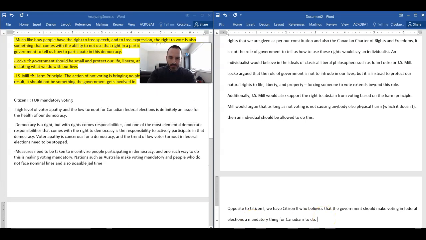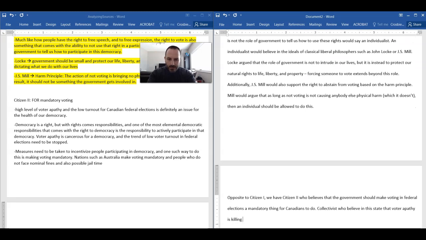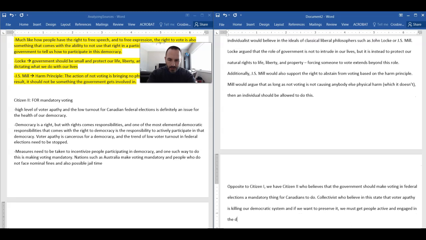This, we'll say collectivists who believe in this state that voter apathy is killing our democratic system, and if we want to preserve it, we must get people active and engaged in the democratic process.